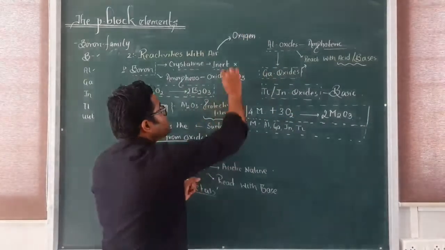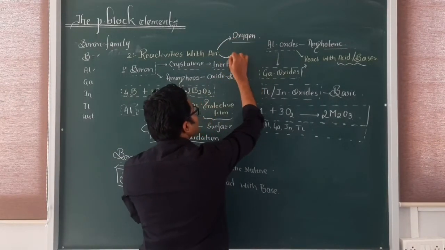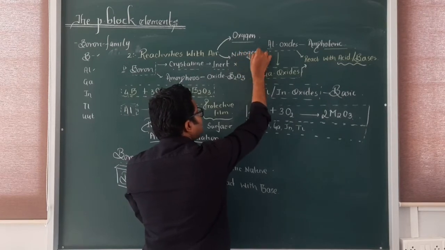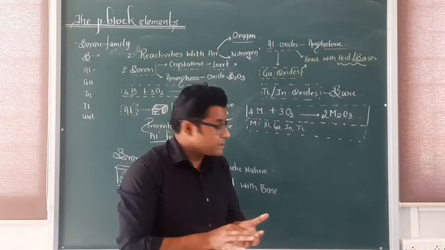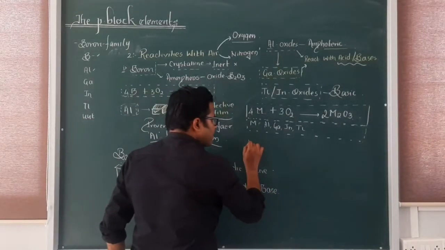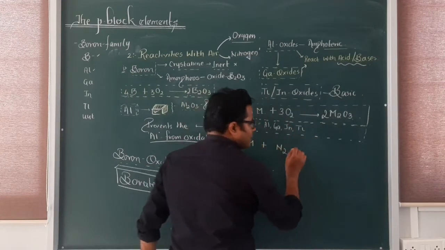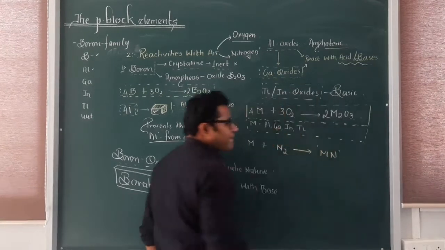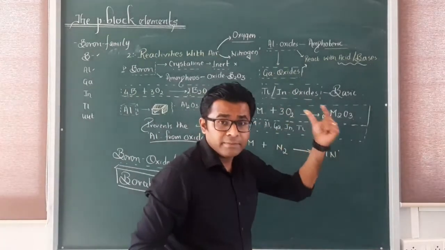Now, you are going to observe what will happen if we have, instead of oxygen, nitrogen. So, when we observe these particular reactions, usually the metals react with nitrogen in order to give compounds of the type MN, provided the metal is aluminium, gallium, thallium, indium.